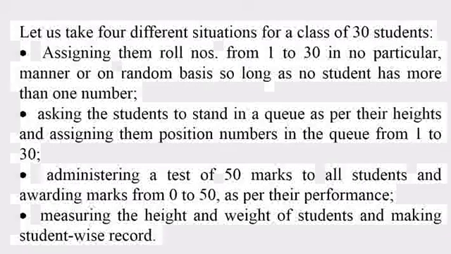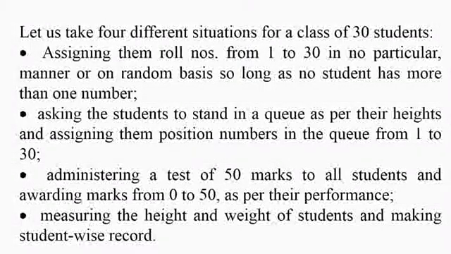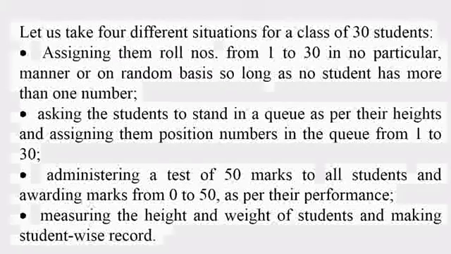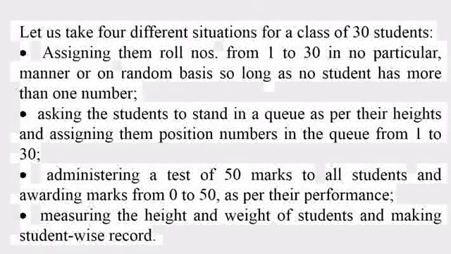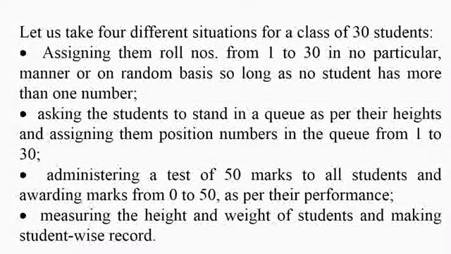The second situation is asking the students to stand in a queue as per their height and assigning them position numbers in the queue from 1 to 30. In this case, the number is assigned based on the height of the student. So the shortest person in the class will definitely have the number 1, and the tallest person in the class will be assigned the number 30.